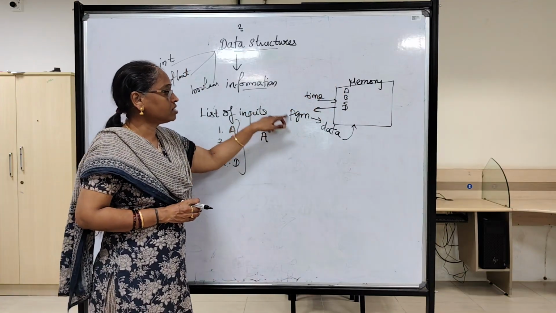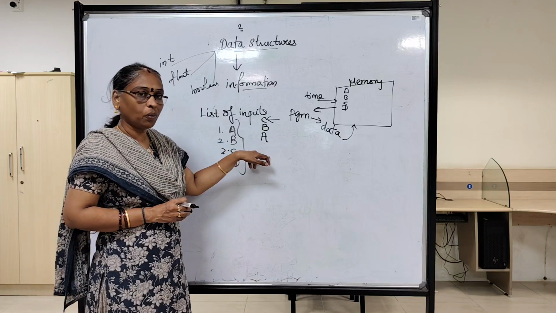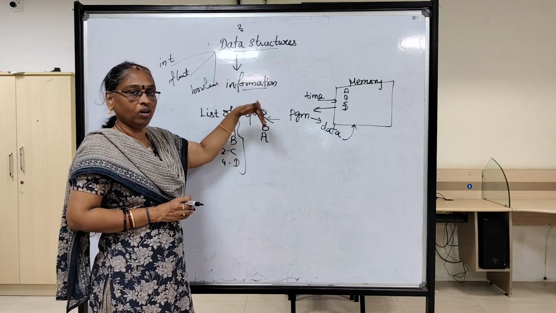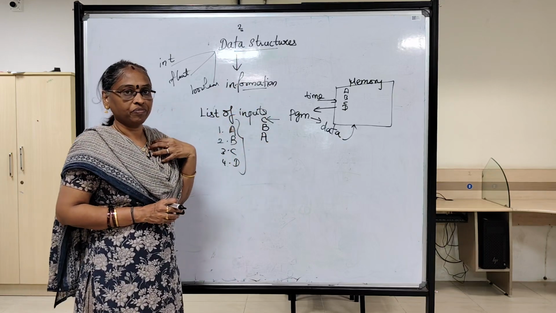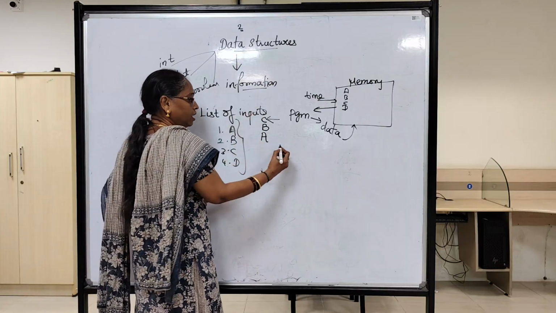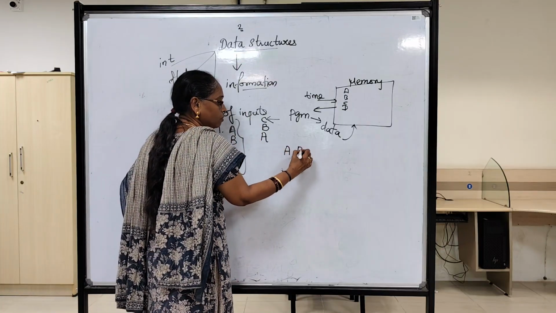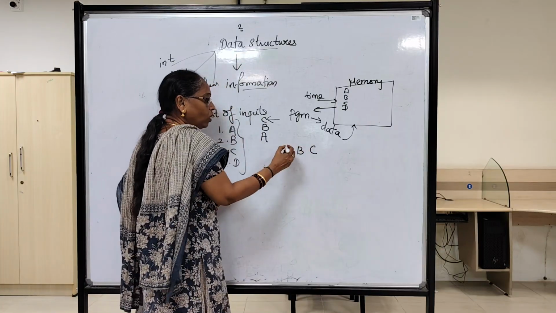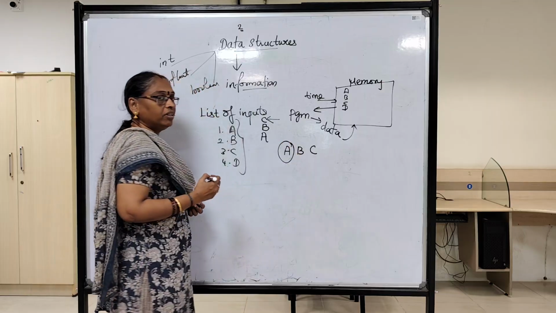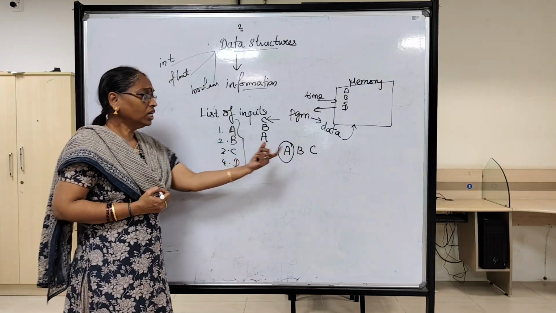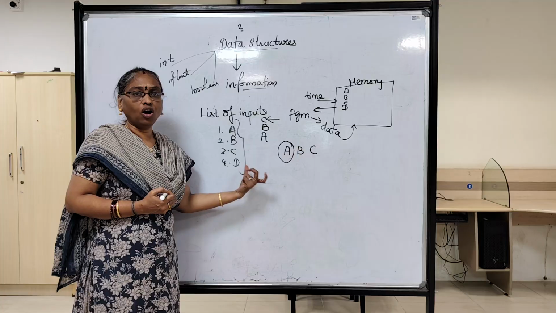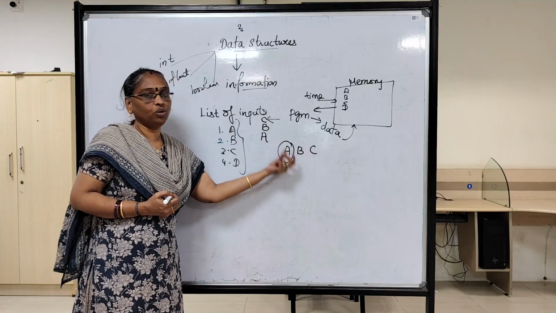So I need a different structure to store this data such that the input I stored last can be retrieved first. In some cases, it is the reverse: if I store A first, B next, C next, whatever I stored first should be retrieved first. Again, I cannot use any common structure to implement these two requirements.